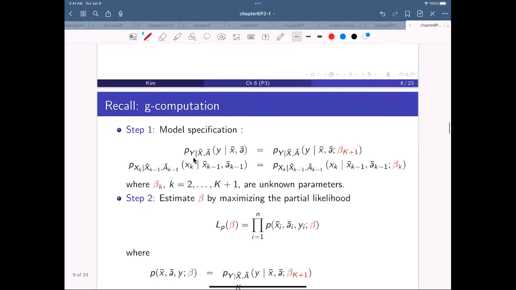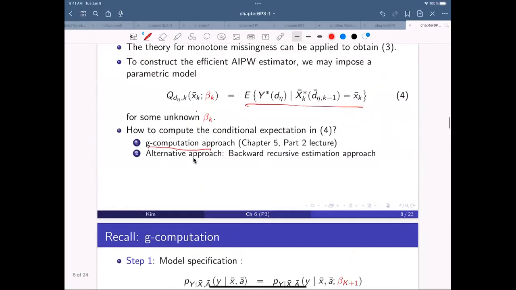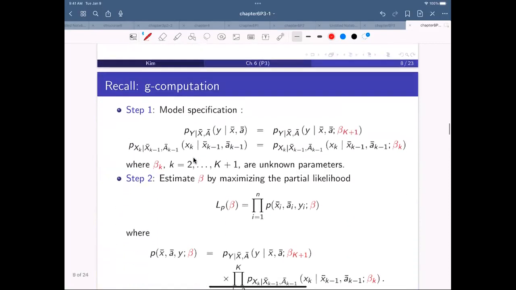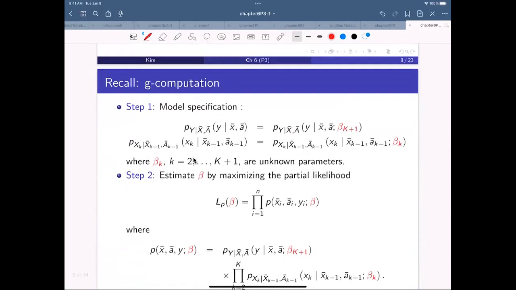So originally the problem was a potential outcome, but at the end of the day we can make the model specification using the model parameter.